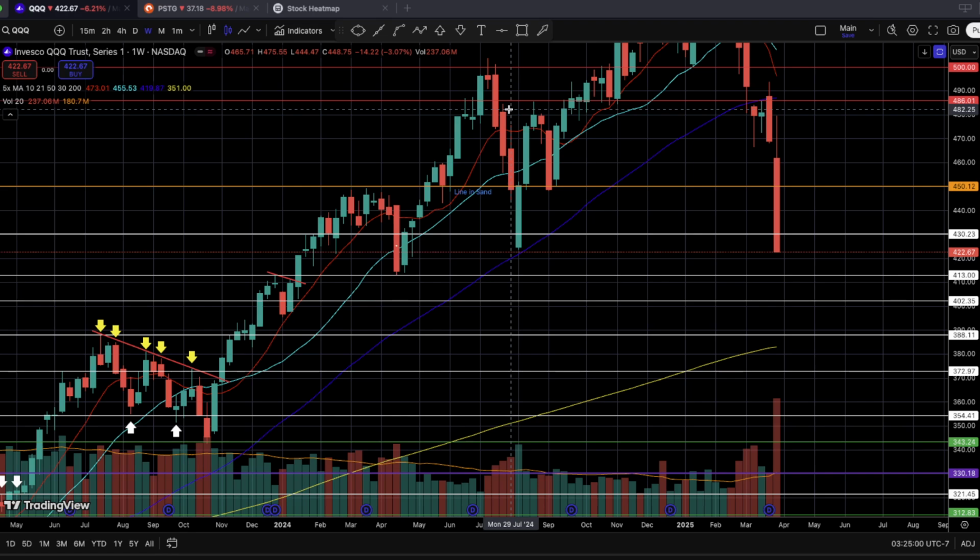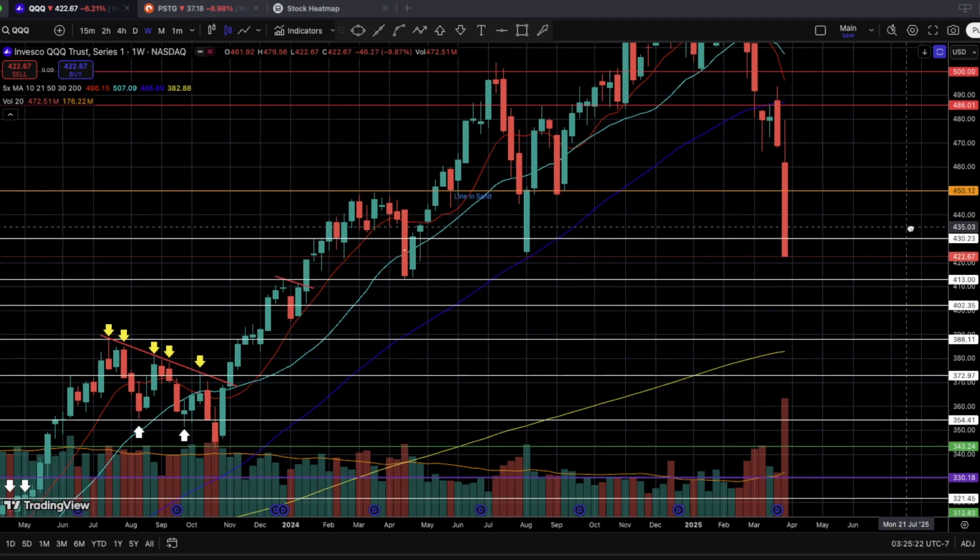However, with this large velocity-filled and momentum-filled move lower last week, we completely ignored the buyers that were potentially sitting at 450, washed them out, broke the support completely, and ended up closing right below August's low of last year.